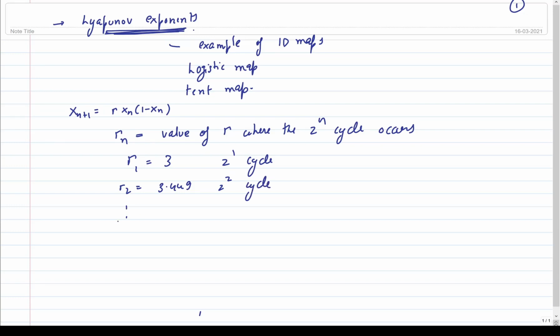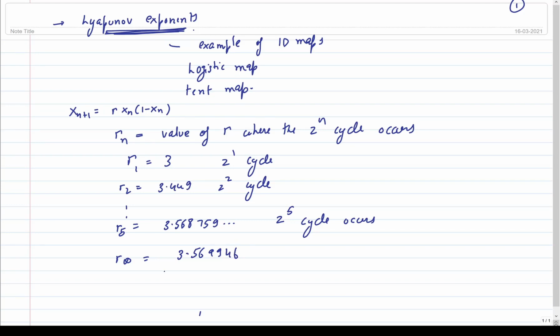Let's just say R5 was 3.568759, where the 2 to the power of fifth cycle occurs, and that was the limit R infinity, where the period doubling occurs and you get a period infinity orbit.